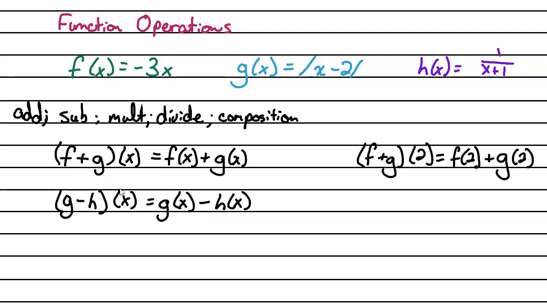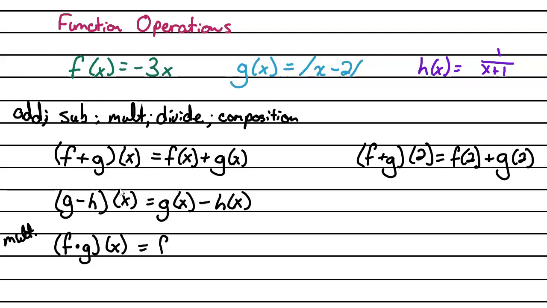Sometimes we get some ugly looking functions, but we're just doing operations. If you get this, notice it's a closed circle. That does mean to multiply. An open circle is going to mean something totally different.